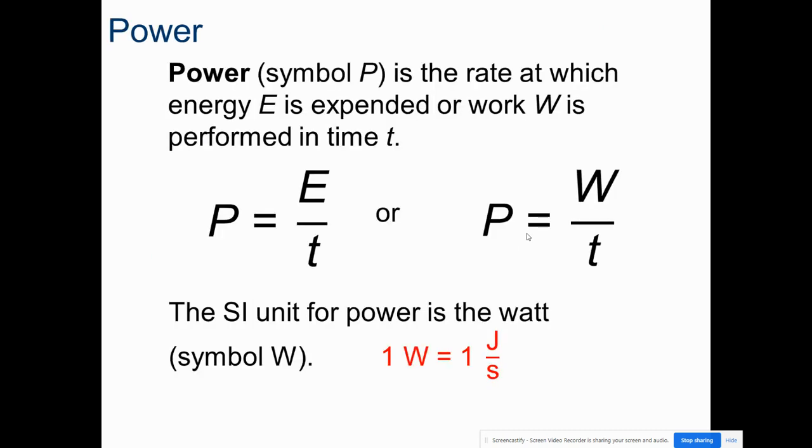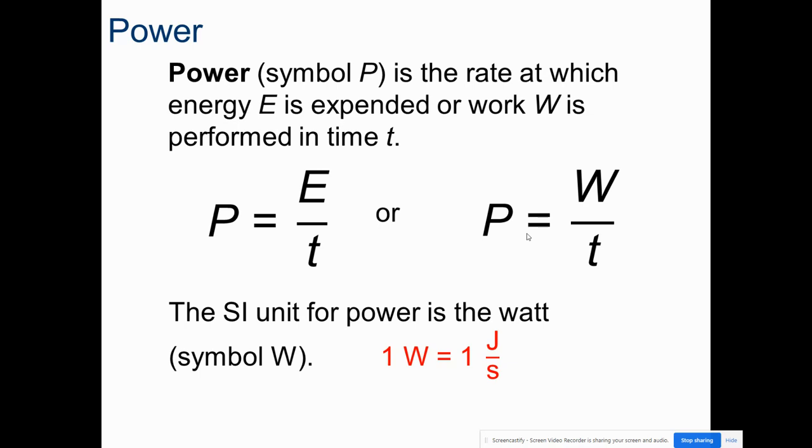Power is the rate at which energy E is expended or work W is performed in time T. Therefore, P is equal to E divided by T, or P is equal to work divided by time.